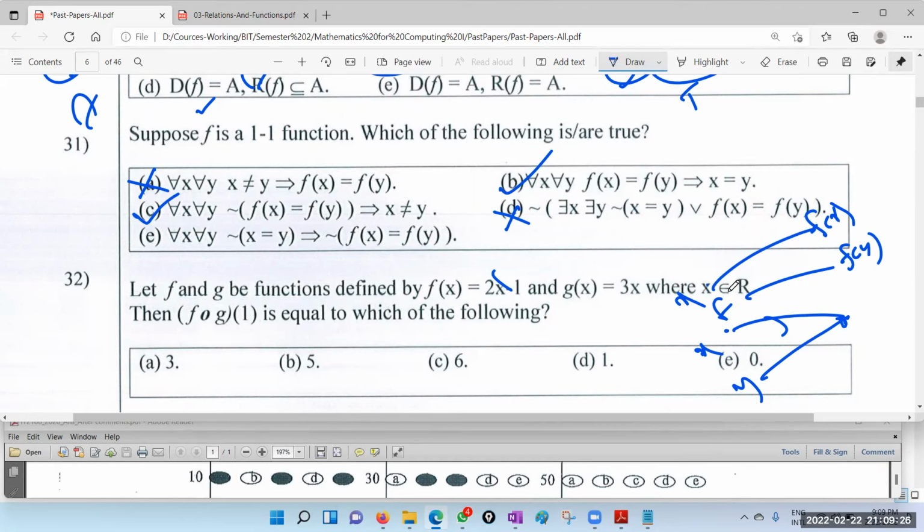When x is not equal to y, it implies fx is not equal to fy. That is correct, right? So that is correct. So I hope D is not an answer, right? So therefore, because it looked like a very weird thing, I will go for BCE.